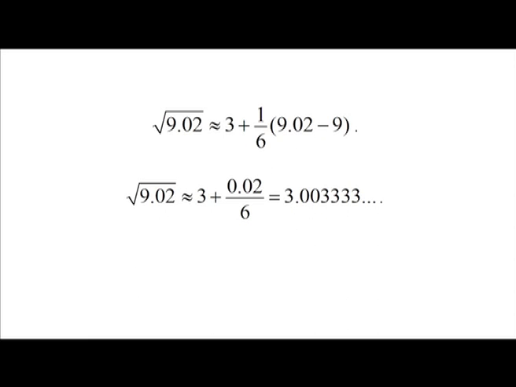3.003333, etc. If we calculate square root of 9.02 directly using a calculator, we obtain 3.00333315 and so on. We see that up to 5 decimal places the values are the same.